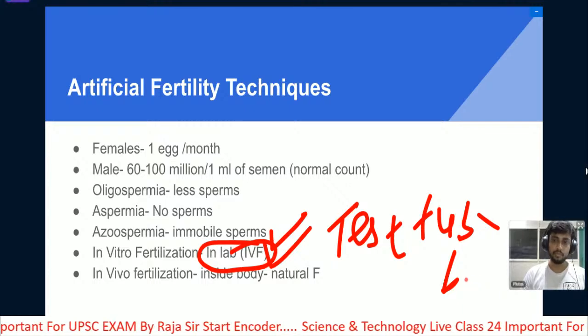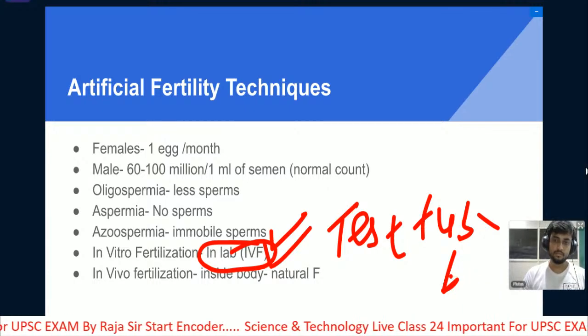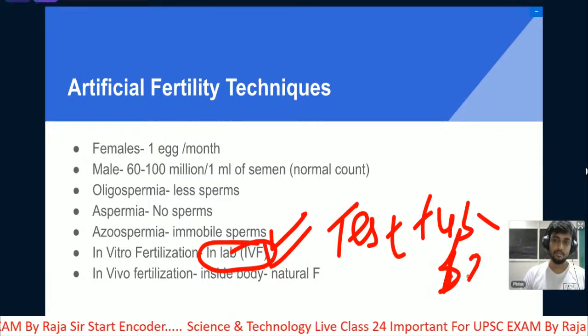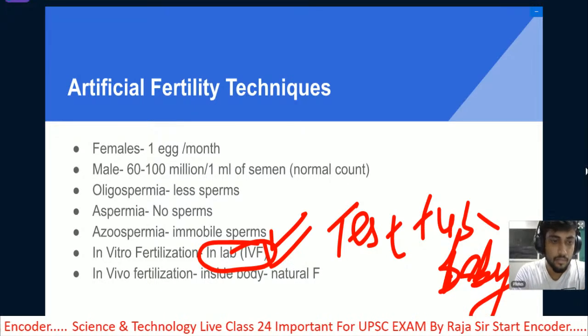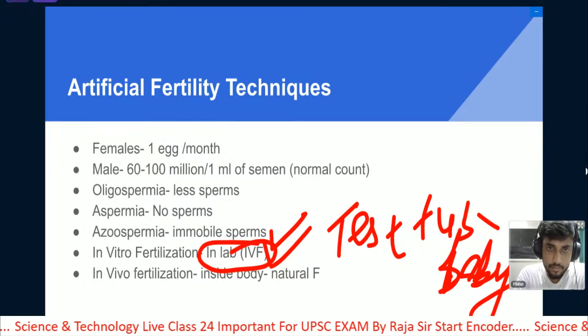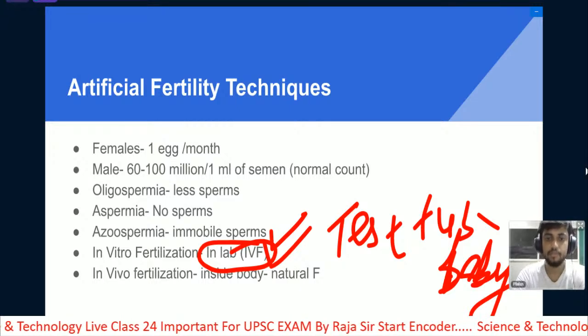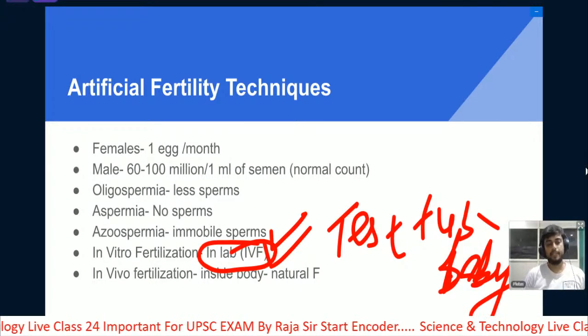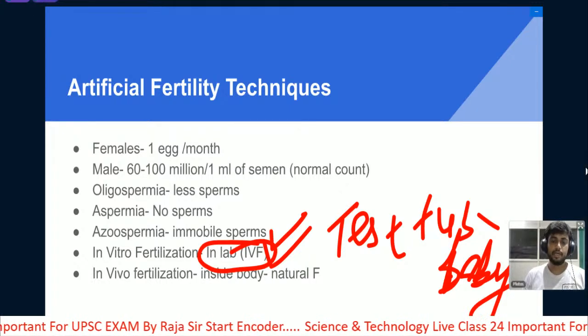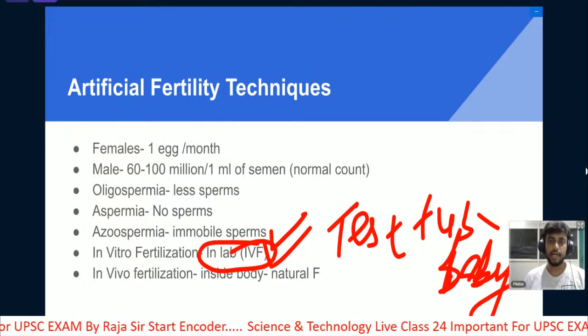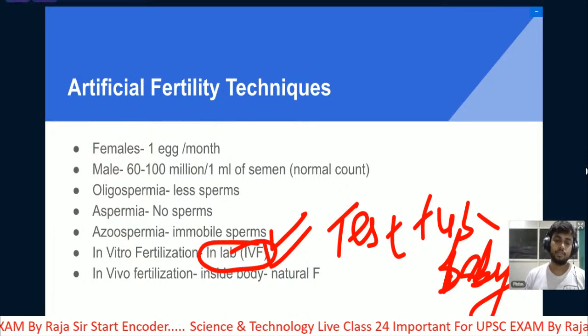Nikhil, what can happen? Sir, you told us of fertilization outside the human body, so that also can happen, sir. Yes, in the IVF labs, they are doing precisely this. They are doing the fertilization inside the labs in the test tubes.